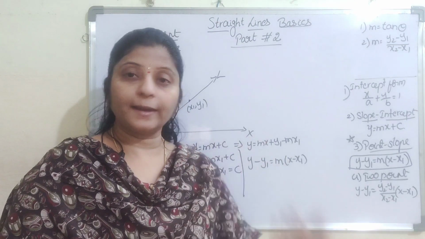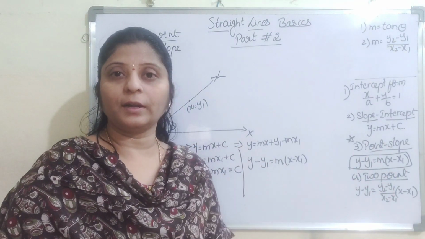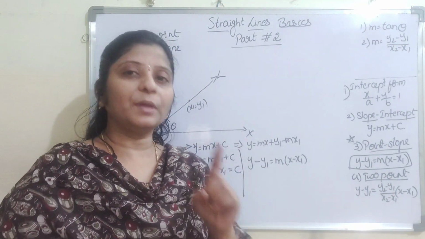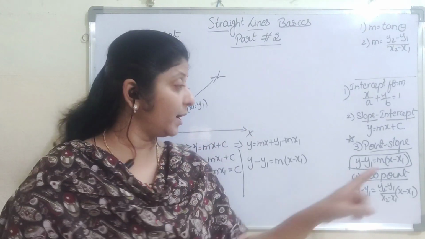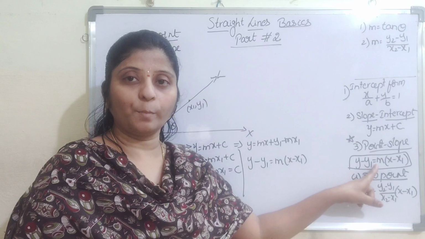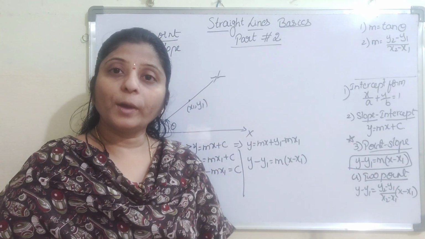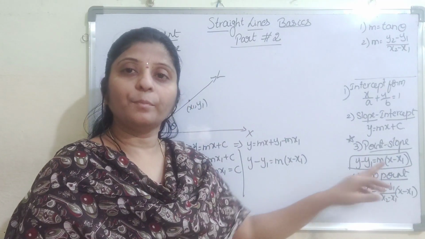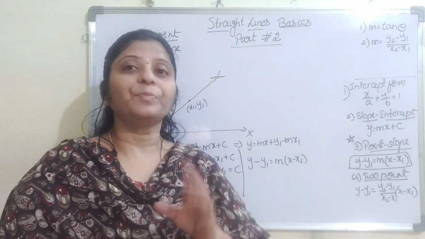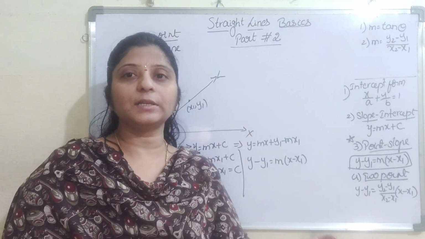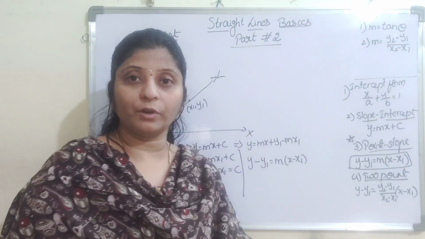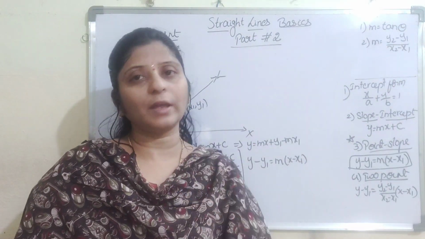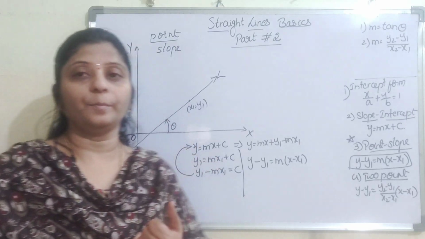If m is directly given, you can use the m value directly. That means in every case you will be given at least one point. When one point is given, you can go through this form. When two points are given, same formula, but the m value will change. If theta is given, you will use tan theta, and if two points are given, you will use y2 minus y1 by x2 minus x1, and the third one is that m is directly given in the problem itself.